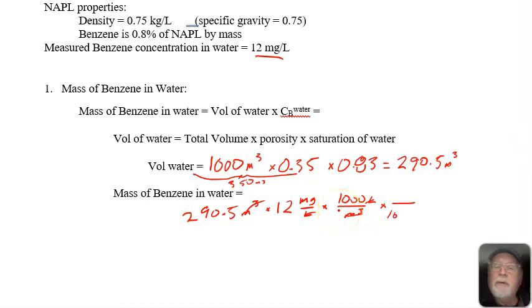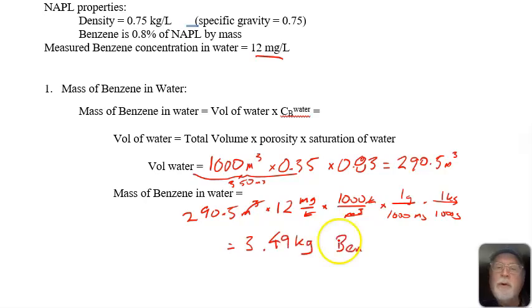We have 1,000 milligrams gives us 1 gram, and 1,000 grams gives us 1 kilogram. Multiply that out. That equals 3.5. I'll write a couple digits, 3.49 kilograms. And that's the benzene in the water. We're going to have it in other places. We're going to have it in the air and on the soil and in the NAPL.